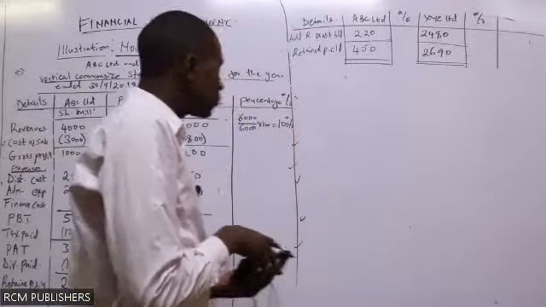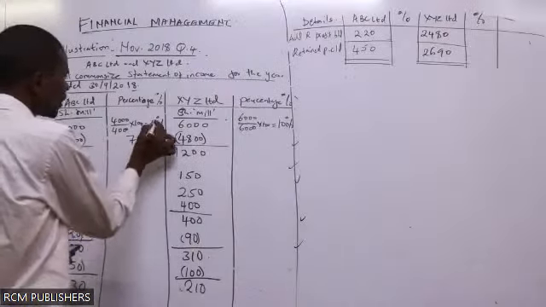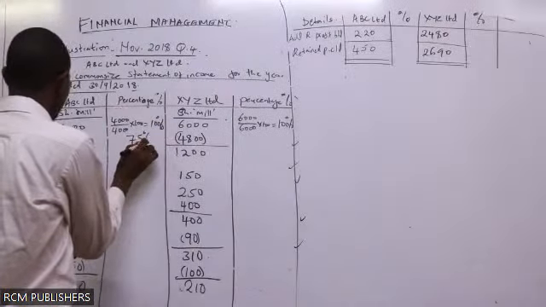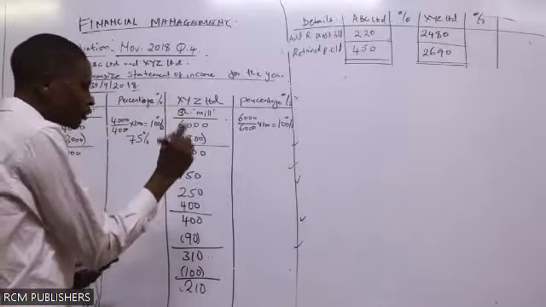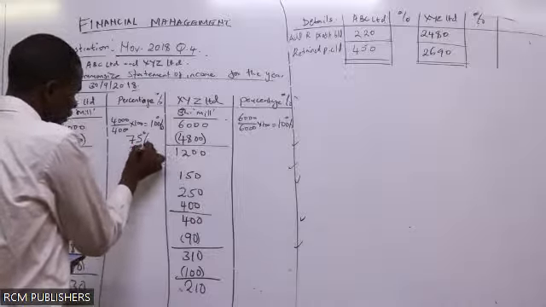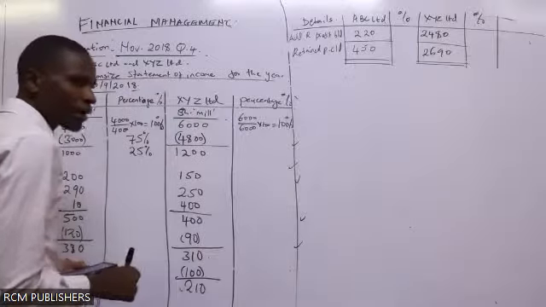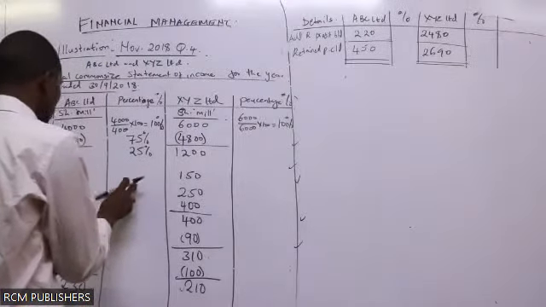So let's move to the next one, gross profit. Of course, if this is 100% and this is 75% as cost, I expect gross profit to be the remaining percentage, 25%, because the gross profit plus the cost should add up to 100%. Yes, 25%. Let's move to distribution cost.